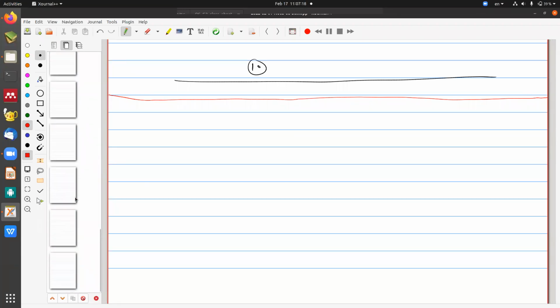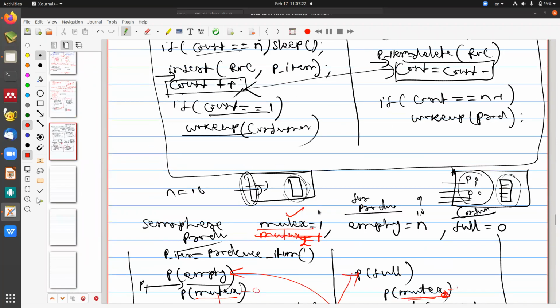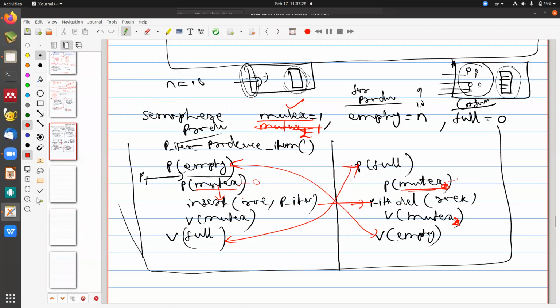Last class we almost covered the producer consumer, and the solution was nicely given. Here it is observed that multiple producers can enter through this empty semaphore variable, which is a counting semaphore. Once multiple persons enter the shop, only one person can touch the rack, and for touching the rack we are using the same mutex.